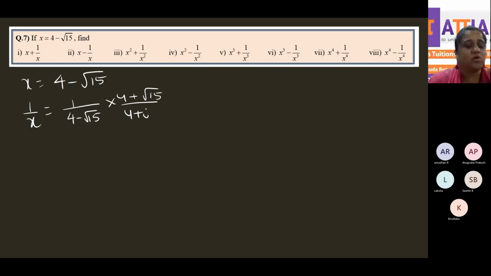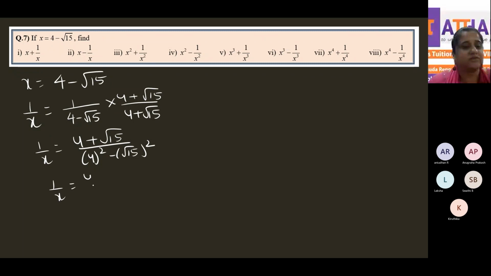Don't write anything. So it will be 4 plus root 15 divided by a minus b into a plus b. Kamalika, what should I write? Root 15 the whole square. Correct. So 1 by x is equal to 4 plus root 15 divided by, what is 4 square? 16 minus 15.